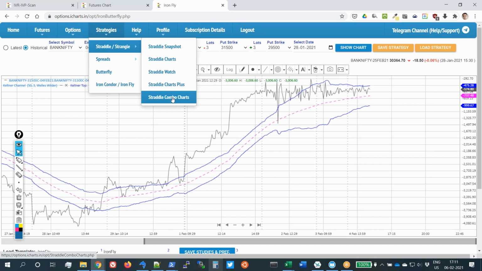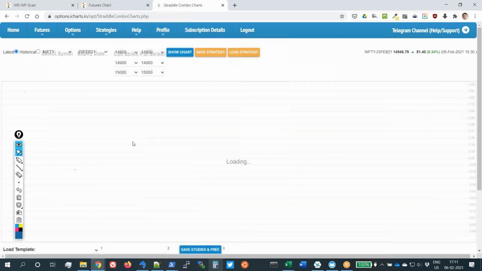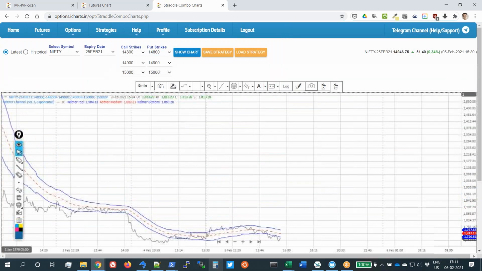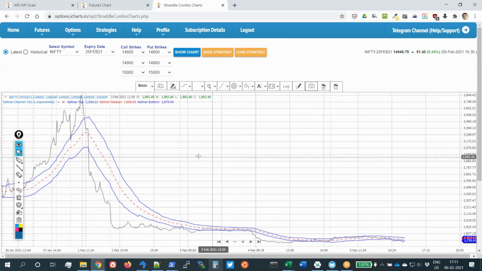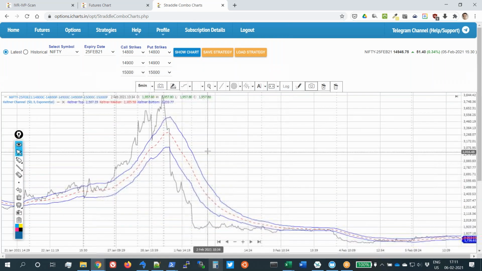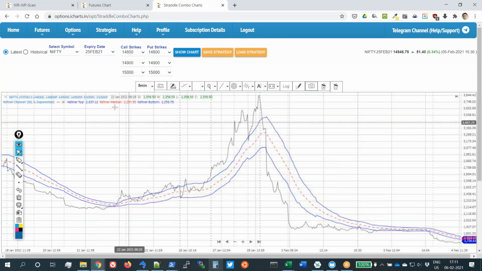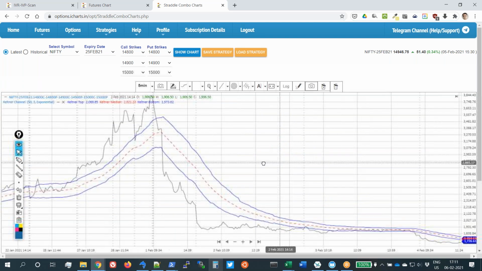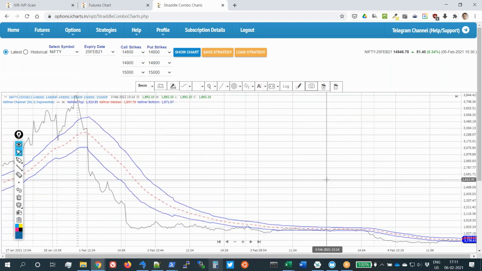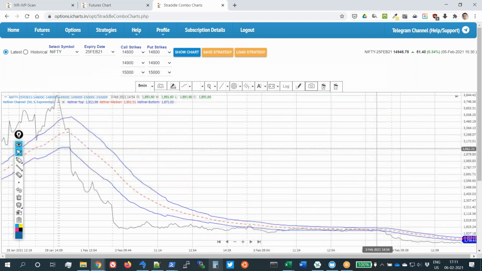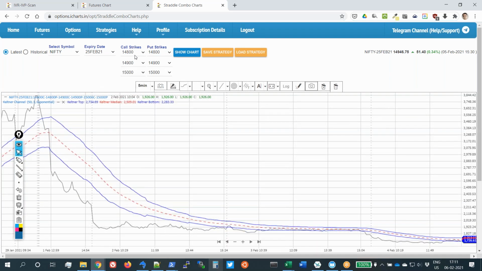Straddle combo charts is another one. If you remember, Jitendra Jain had posted one strategy using these. So basically what he said was, you initiate three straddles after market open.